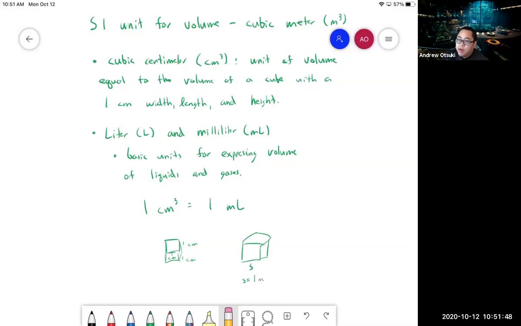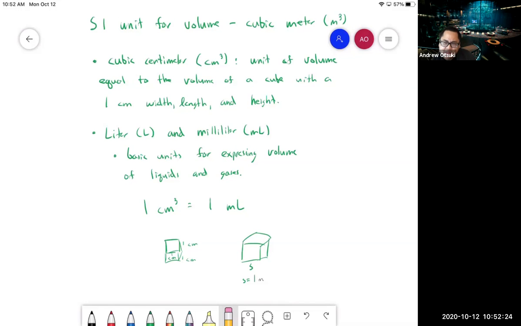The difference between 1 meter and 1 centimeter is 100, so if you have 1 meter, you'll have 100 centimeters, and then 10 times 10 times 10 is 1,000 will be equated to 1,000 milliliters.